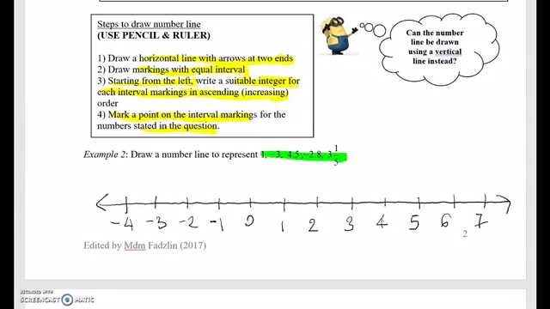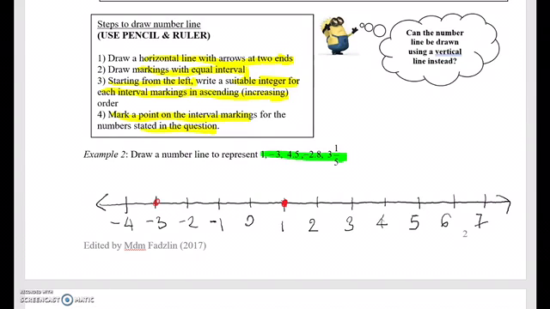So now, for step 4, I can mark a point on the interval markings for the numbers that are stated in the question. So the first number is positive 1. I need to draw a dot on the interval marking. The next number is negative 3.